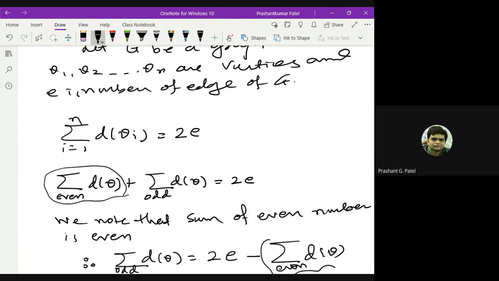This quantity is an even number and it is being subtracted from an even number. An even number subtracted from an even number is again even. So the statement is proved by this argument: the sum of the degrees of odd vertices is an even number.